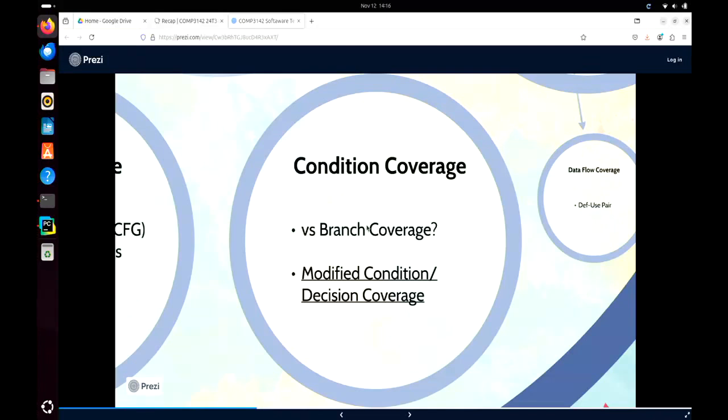So for condition coverage, we only care about all the true and false values of all the conditions, and we don't care whether they are used in branches or not. So condition coverage covers branch coverage, and we have encountered one additional type of condition coverage, which is called modified condition decision coverage.